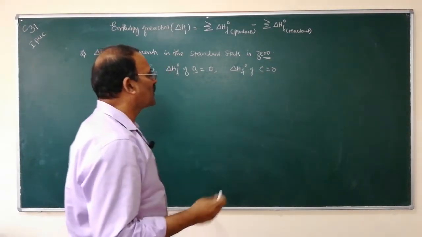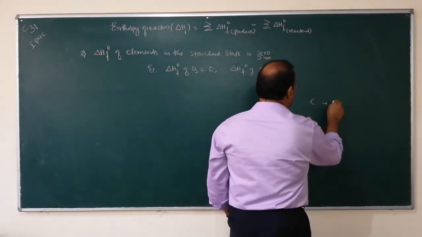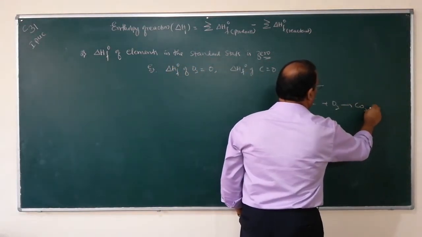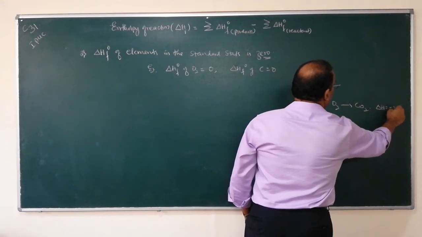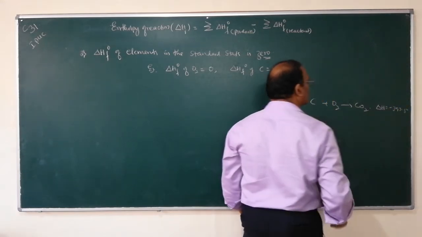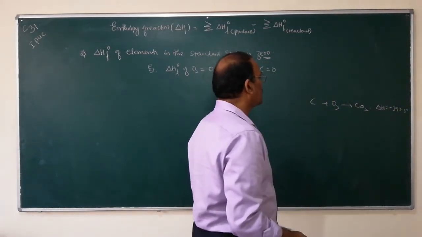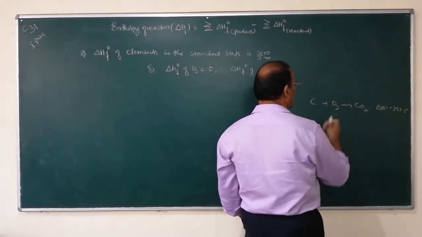If elements come, say for example, C plus O2 gives CO2, delta H equals minus 393.5. What is the enthalpy of this reaction?